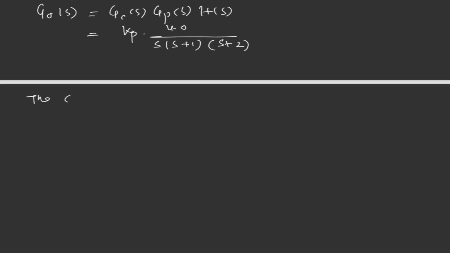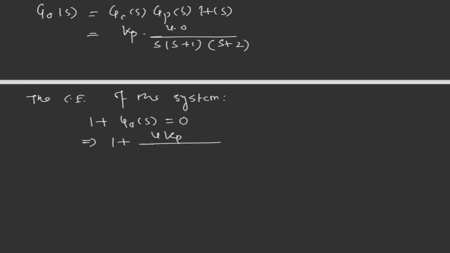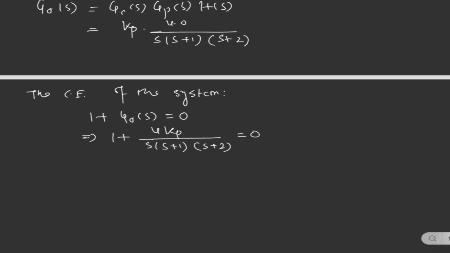The characteristic equation of the system is 1 plus G0(s) equal to 0. We can write 1 + 4Kp/(s(s+1)(s+2)) = 0.